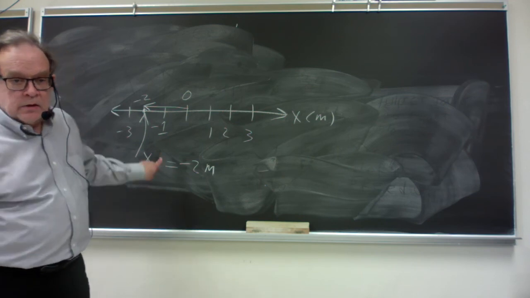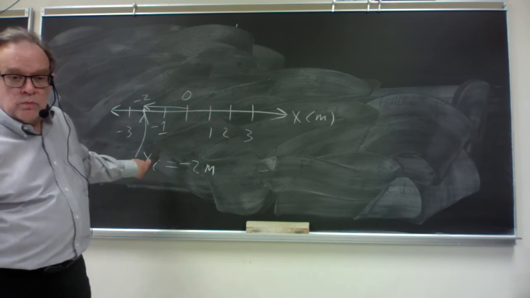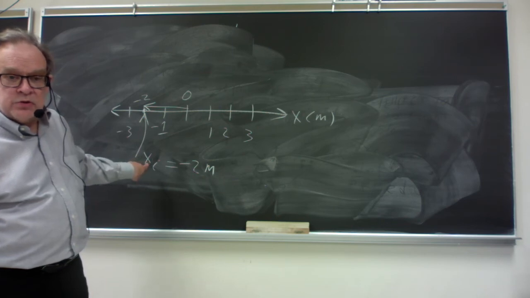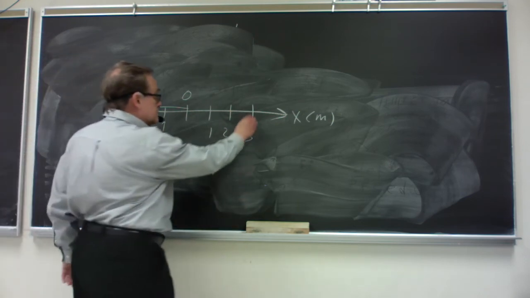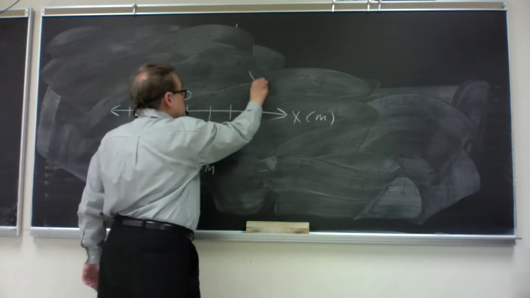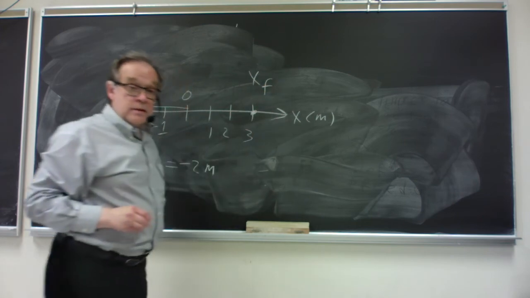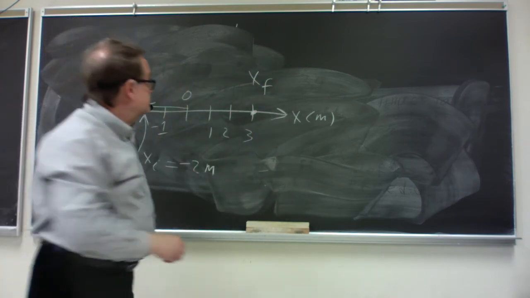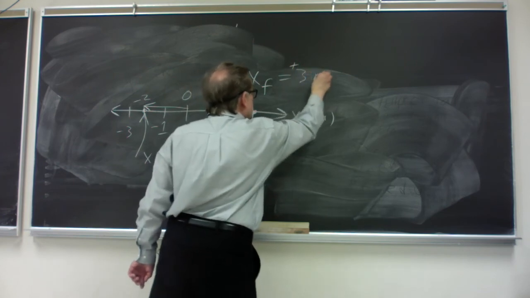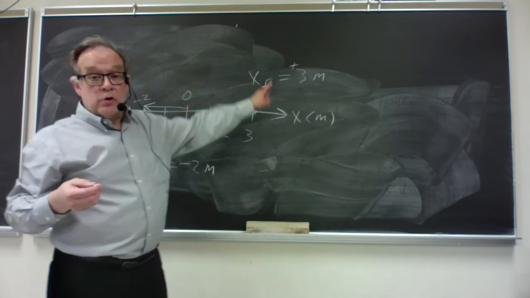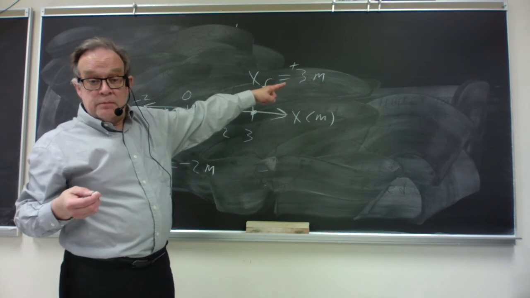Let's say whatever it is that's traveling, somebody in a car or somebody just walking down the street, starts at this location and ends up at that for the final location, plus 3 meters. Again, there are 2 pieces of information here.